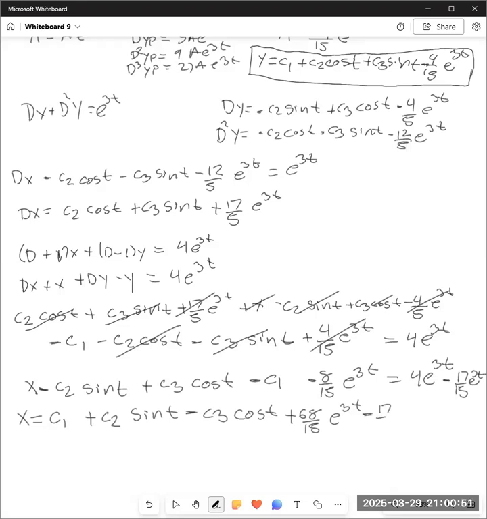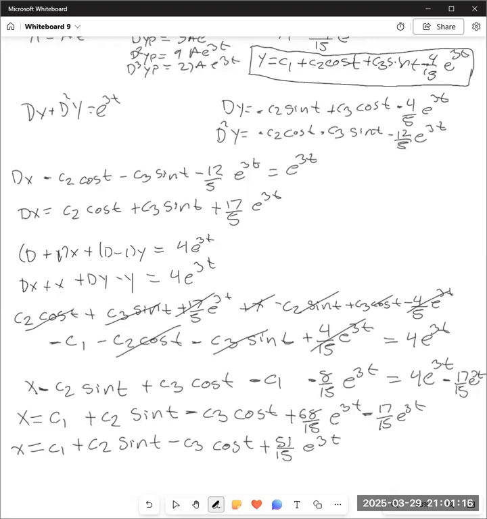So x equals c1 plus c2 sine of t minus c3 cosine of t. Minus 17 here is plus 51 over 15 e to the 3t.